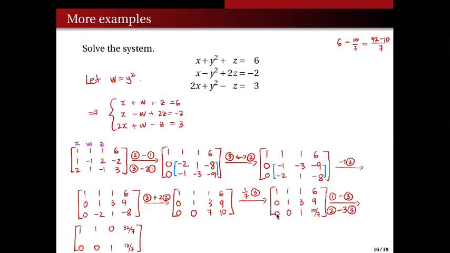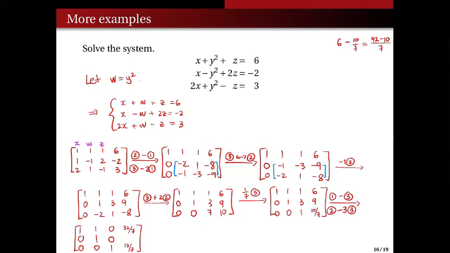So 0 minus 0, that's still 0. 1 minus 0, that's still 1. 3 minus 3 times 1, that becomes 0. And then for this, you have 9 minus 3 times 10 over 7.